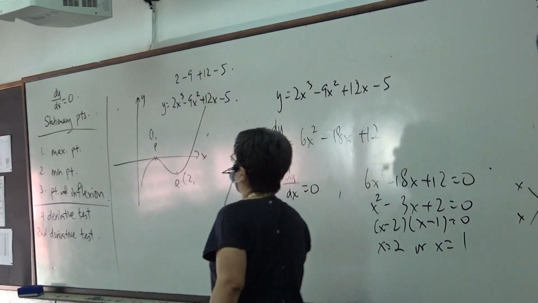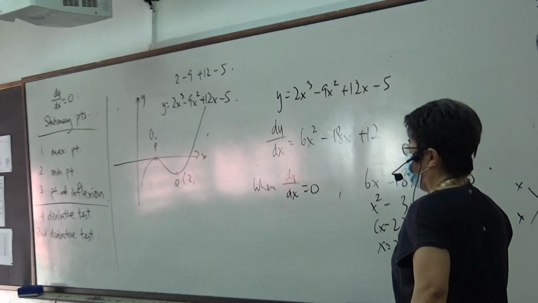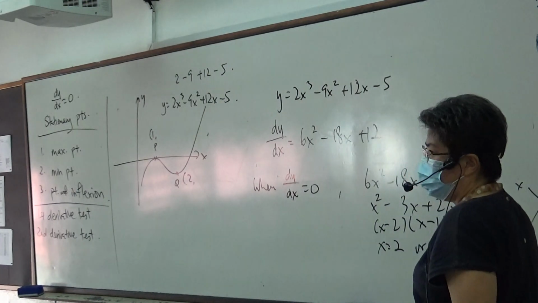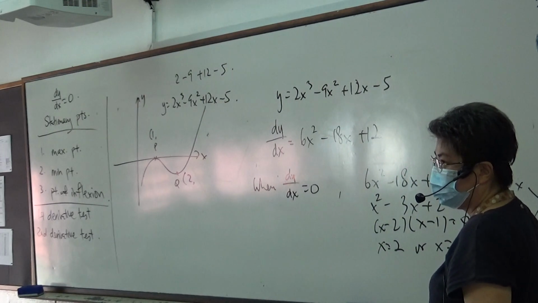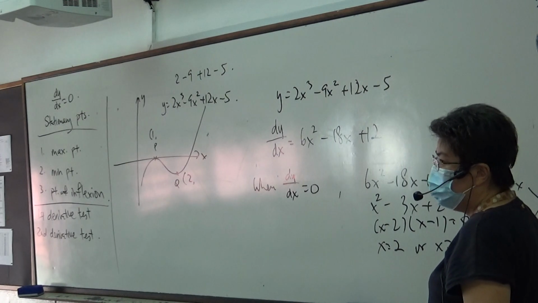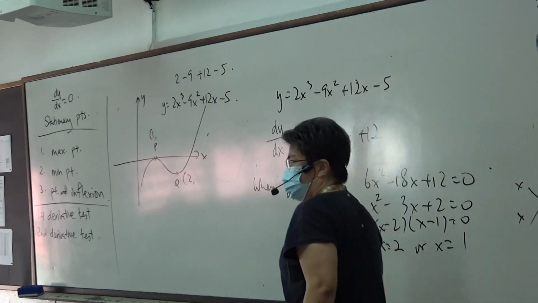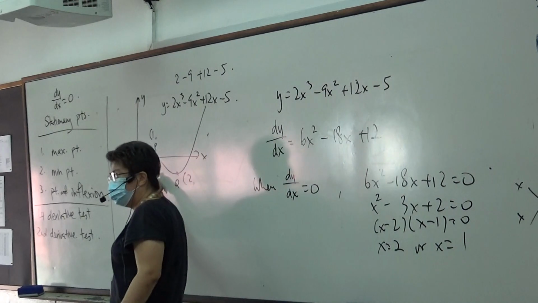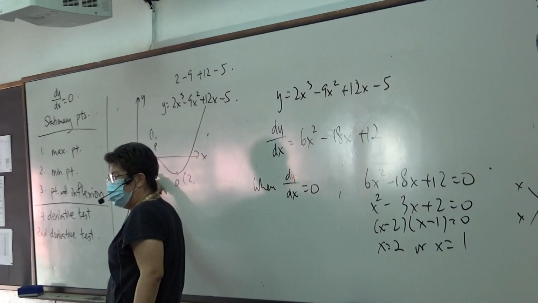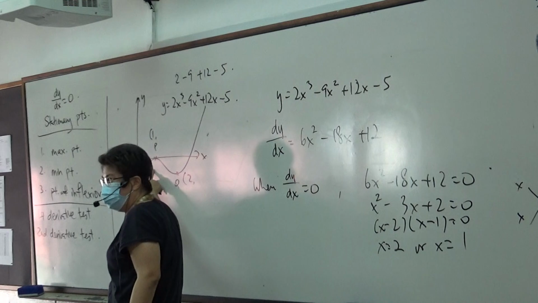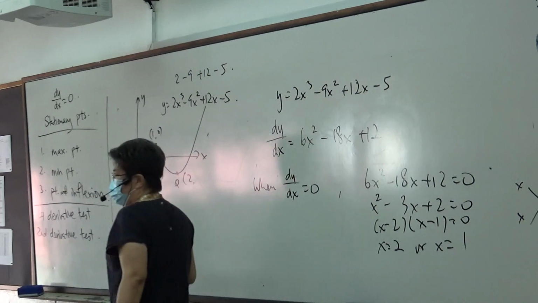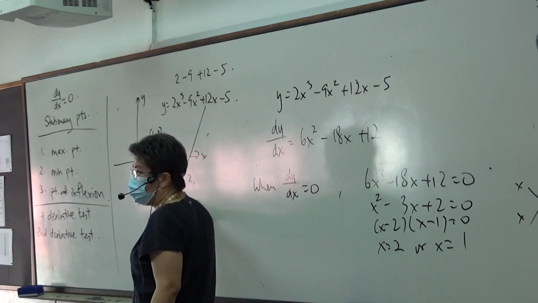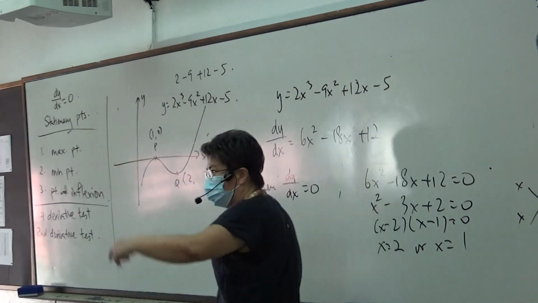What is it? Answer? 0, right? Don't say you also know it's 0 because it's on the y-axis, no. You see? Understand? Okay, so it's 0. But this one you cannot say, I also know. This one you must do, okay? Plug in 2. All of you plug in 2.